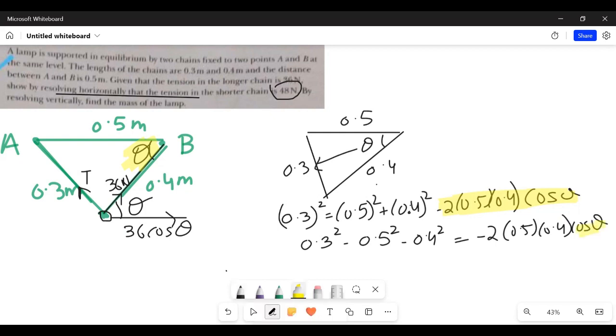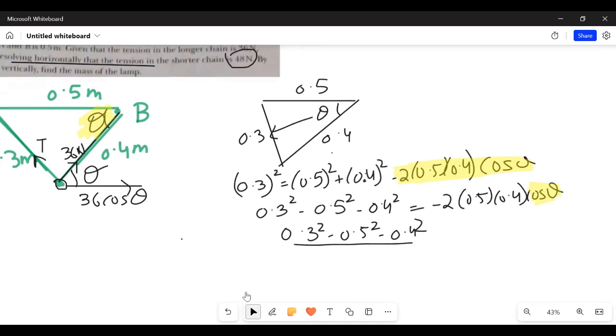Now you have to make cos theta the subject. So move everything to the other side again. This time it divides upon negative. Do not make it positive. Being multiplied on this side, when it goes to the other side, it divides. It does not become positive.